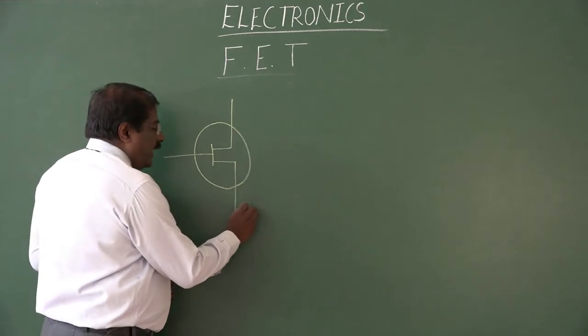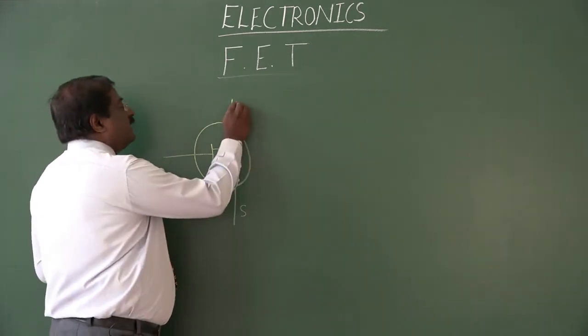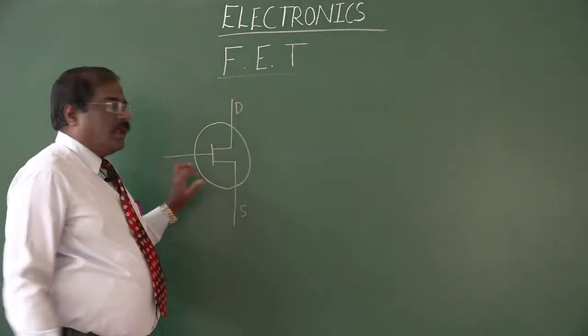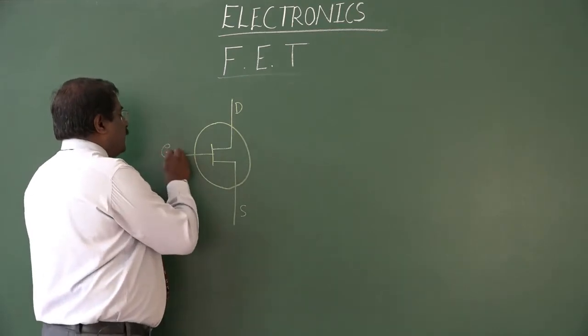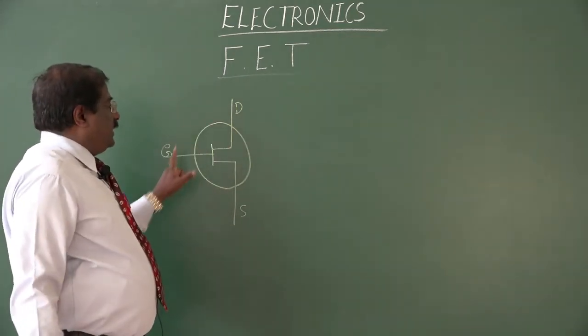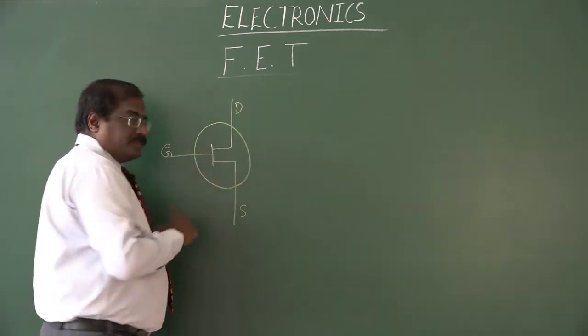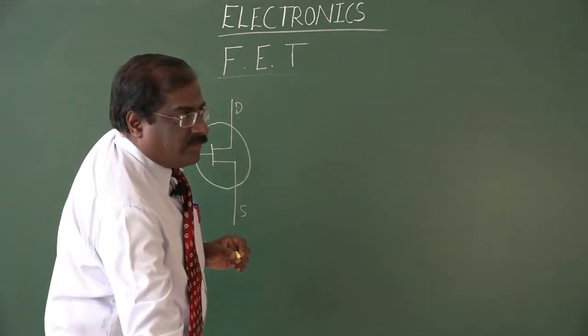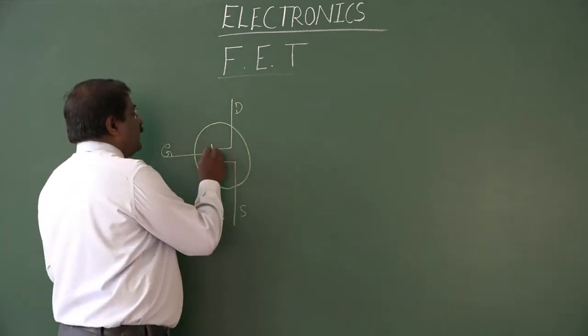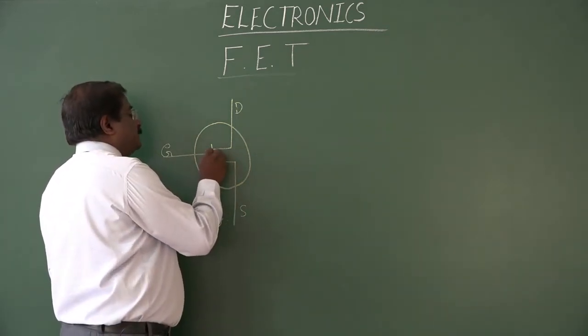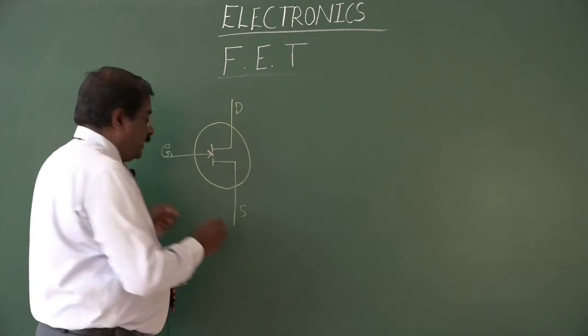This one end we call the source and this end we call the drain, and this is called the gate. Source, drain, gate. If the arrow mark is pointing inwards, we call it an N channel.